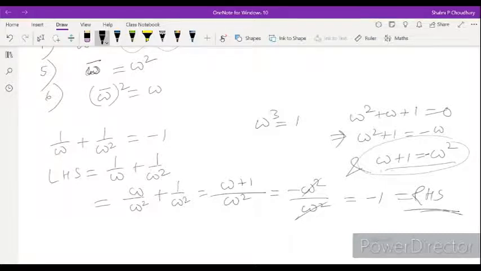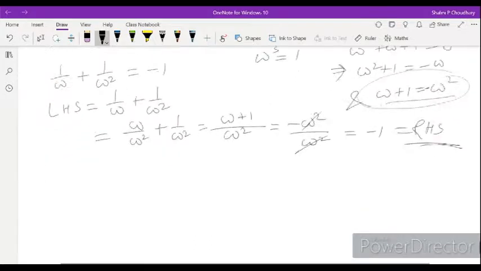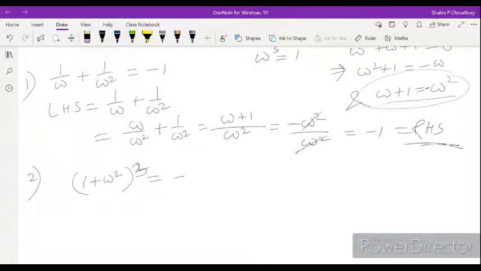Okay, so next question now we'll do. Next question is, again we have to prove something. Second question: we have to prove that (1 plus omega square) whole cube is equal to -1. So how will we prove this?